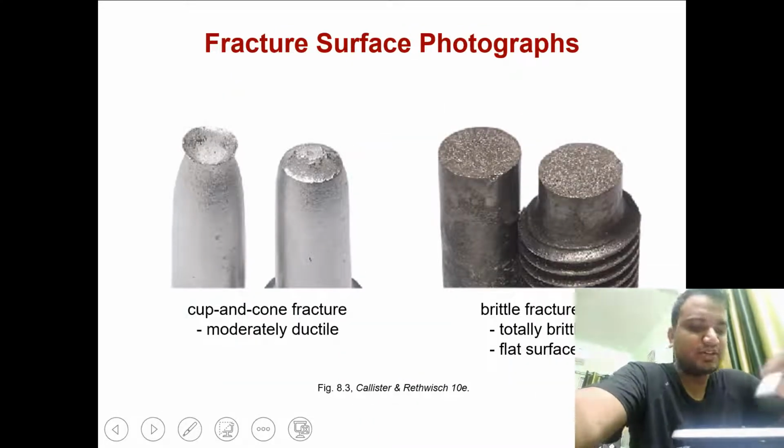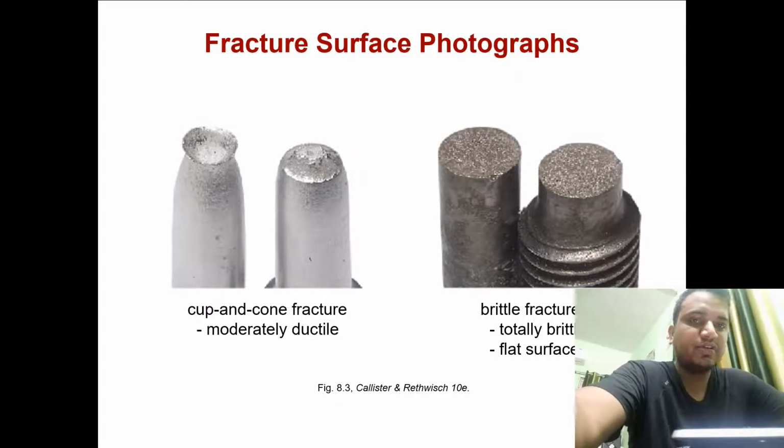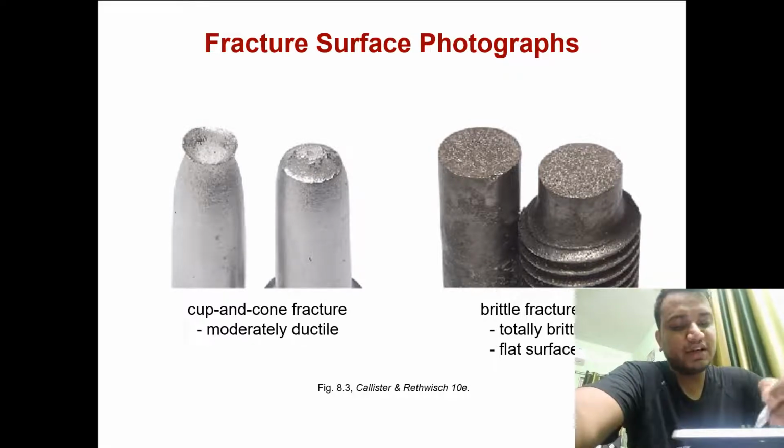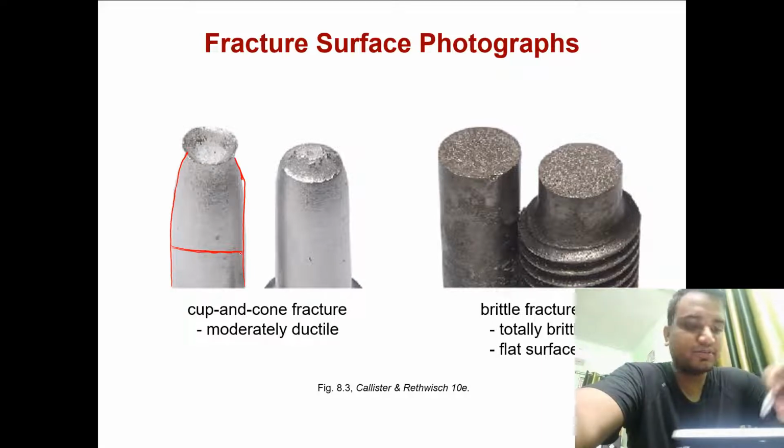You can see two figures which beautifully explain the ductile fracture and the brittle fracture. This is the ductile fracture, this is the diameter, and this is the thinning over here. This is the initial one where it has not thinned, it is uniform, and here it is thinning.